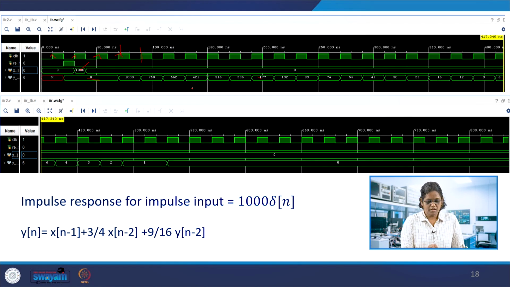In a similar way, the input to the filter can be given through the ADC, as a digitized input. Suppose it is an impulse input or a step input, or a signal to be processed through the IIR filter, or an input signal with noise, or a band of frequencies which needs to be removed. That can be given through the ADC, and then the digital signal is communicated to the FPGA through communication protocols.